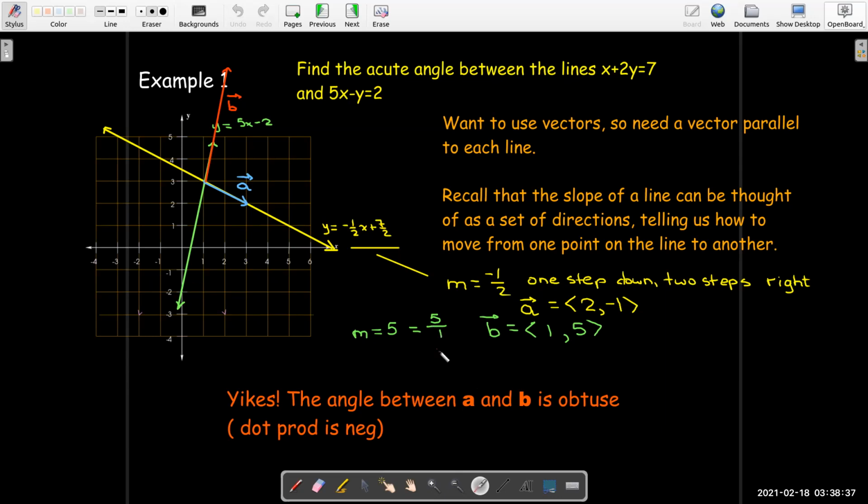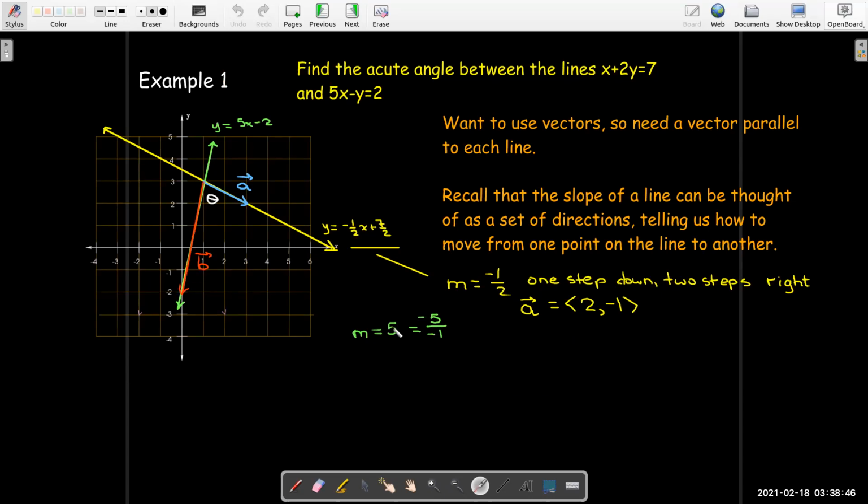But what I'm going to do is look at the slope of the green line in a slightly different way. The slope is positive 5. Well, you can get positive 5 by taking negative 5, dividing it by negative 1.